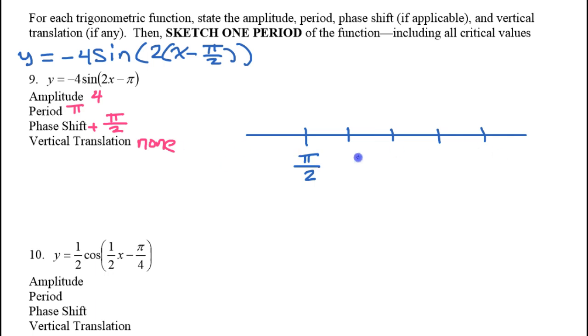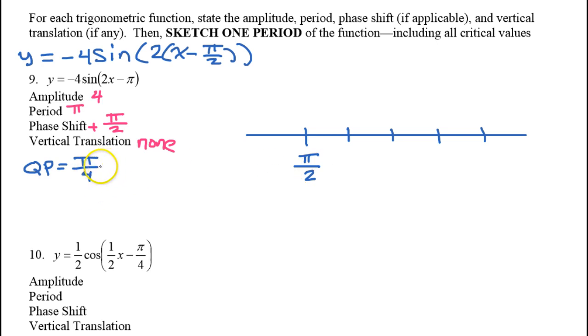To label them, I'm going to simply add a quarter of a period repeatedly. Since the period is pi, a quarter period is going to be pi divided by 4. So I need to take my phase shift and add pi over 4.